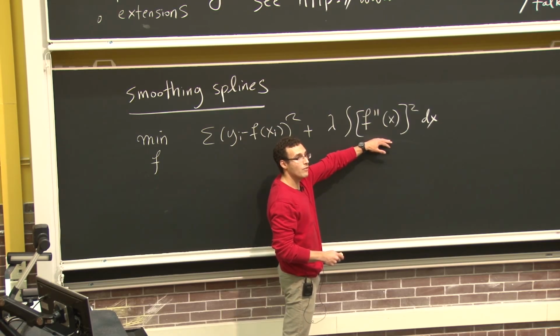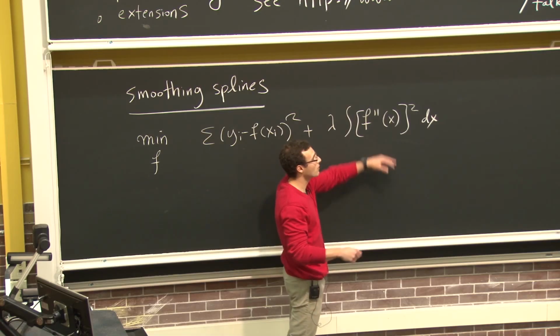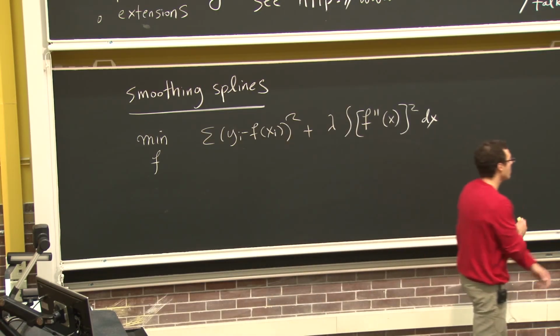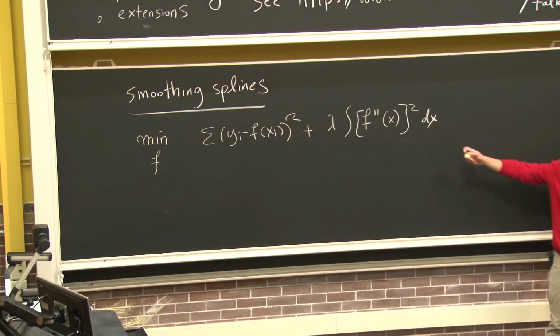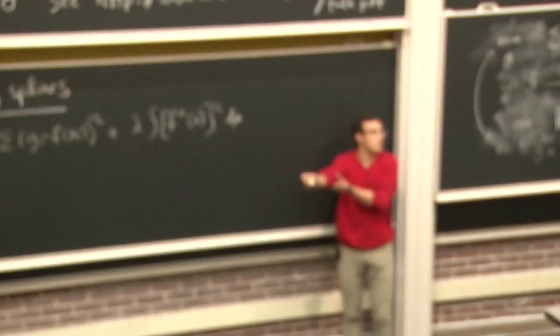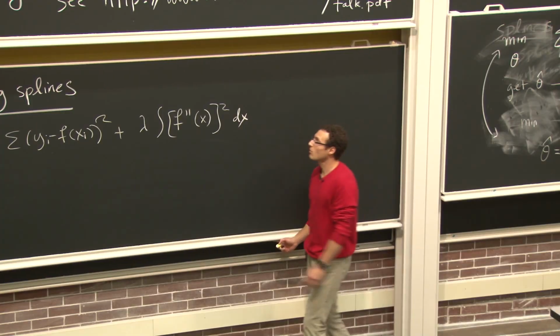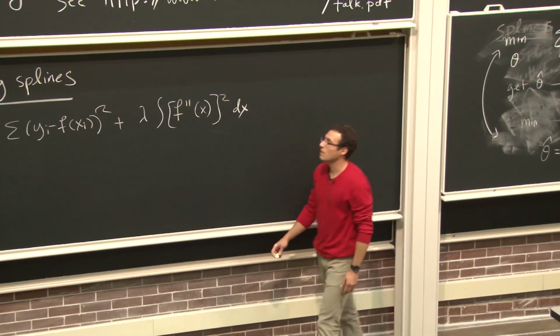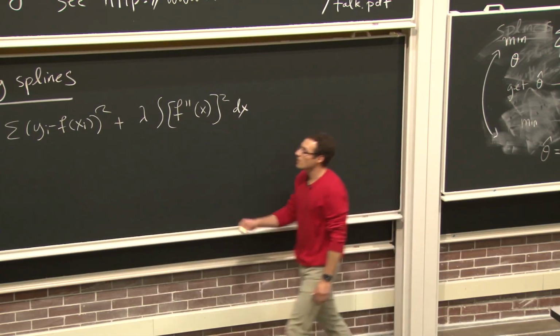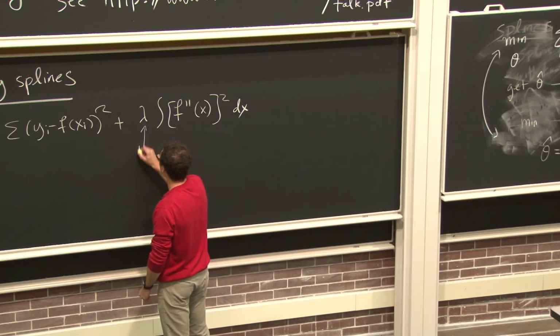So this says that if f has a second derivative that changes a lot, or let's say if f's first derivative changes a lot, then we're going to incur a large penalty. So it tries to encourage the second derivative to be small throughout the entire domain of the x points. And this lambda is called a tuning parameter.